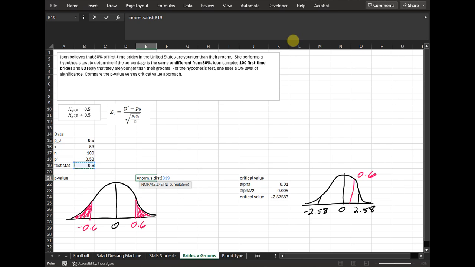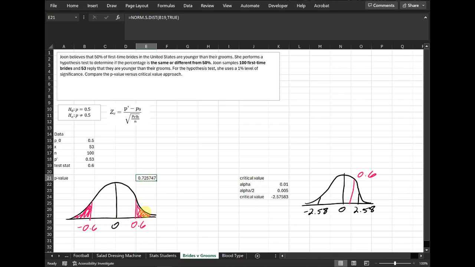Now, I want to be careful with how I'm thinking about this. If I just use norm.s.dist with the test statistic as is, oops, I put in too few arguments, sorry. Okay, so remember, this is always calculating strictly to the left.